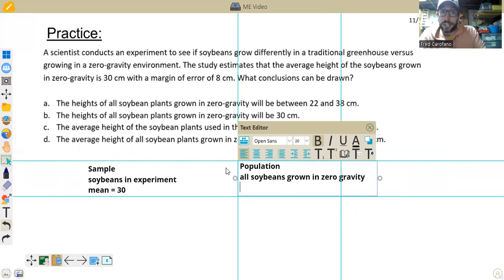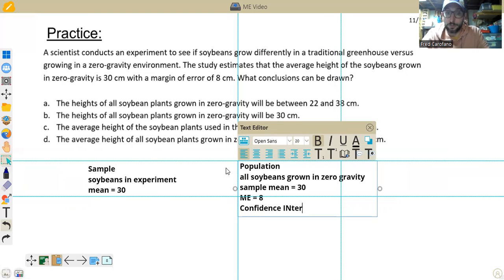And from here, we can't just say the mean is 30. We have a sample mean of 30 and a margin of error of 8. So our confidence interval is going to be 30 plus or minus 8, or in other words, 22 to 38.